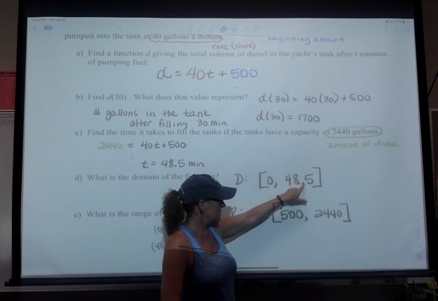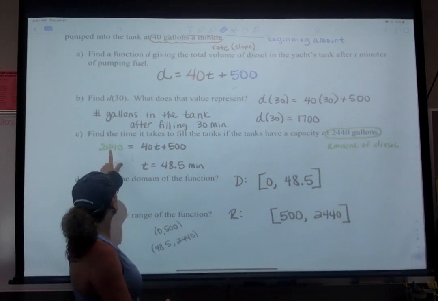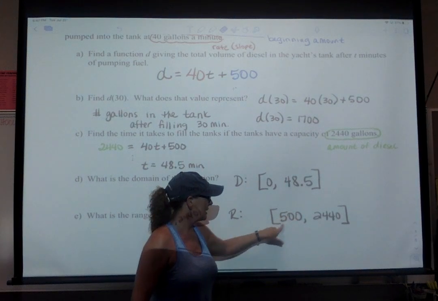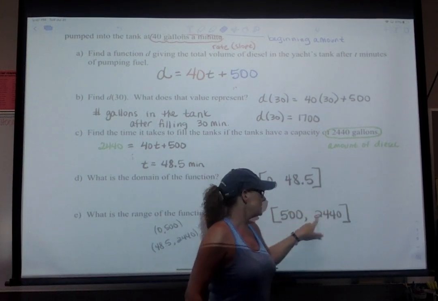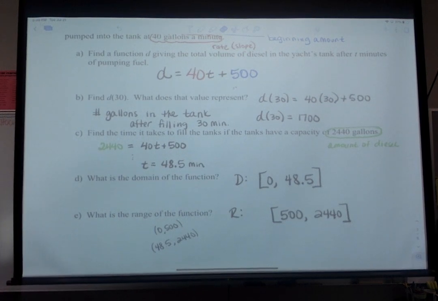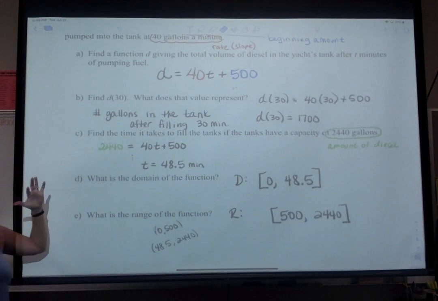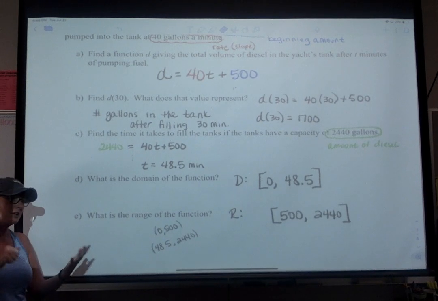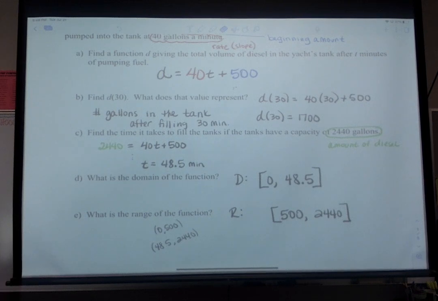And after this amount of time, that's how much it has. So, beginning amount of diesel, ending amount of diesel. Again, if I went through any of this too quickly, pause it, copy it, rewind it, listen to it again.